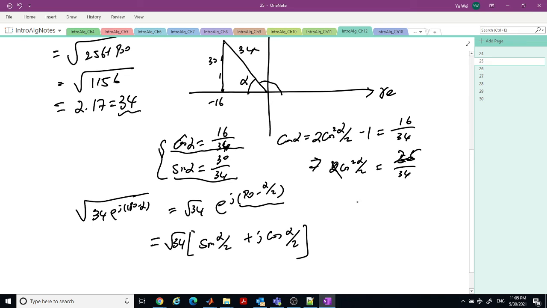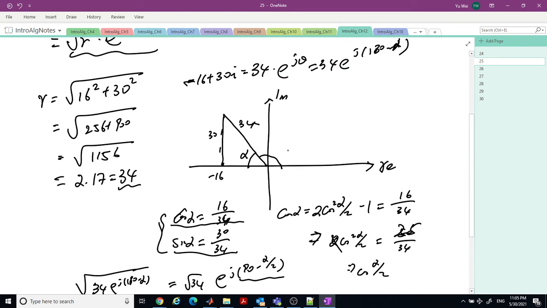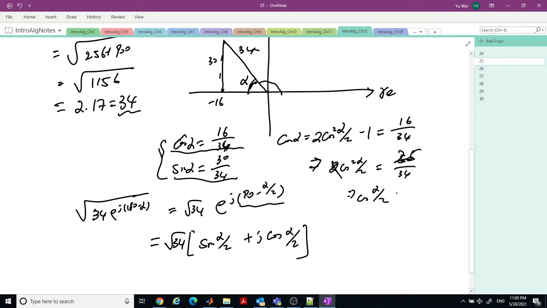Now we can get the cosine of alpha over 2, right? So alpha is an acute angle, alpha over 2 is also an acute angle, so it's all positive, so it's 5 over root of 34. Then the sine alpha over 2 is equal to 3 over root 34.